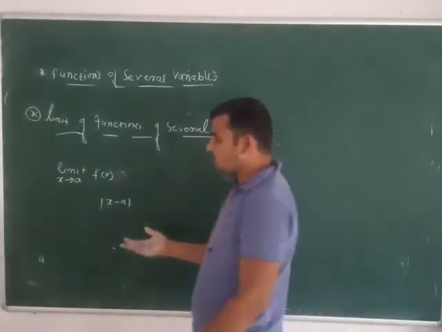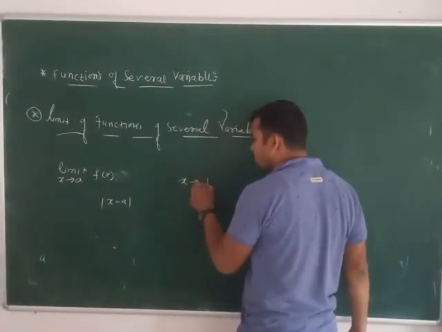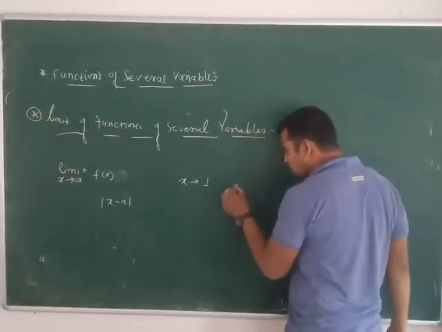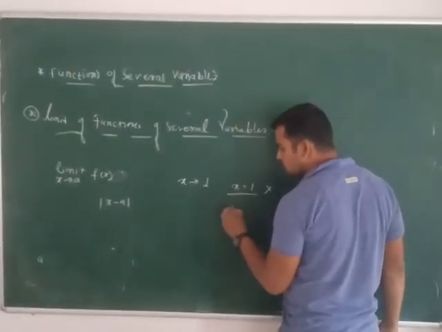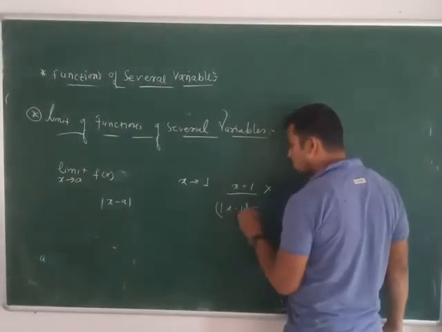Suppose x tends to 1. Is x equal to 1? No, x is not equal to 1, so x − 1 is not equal to 0.